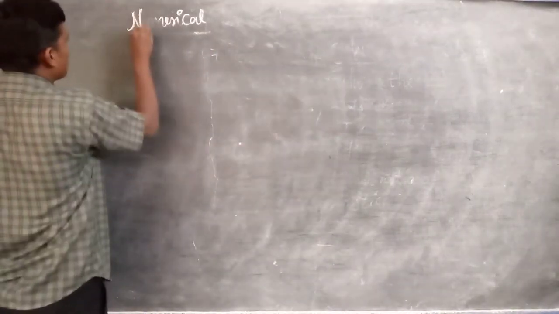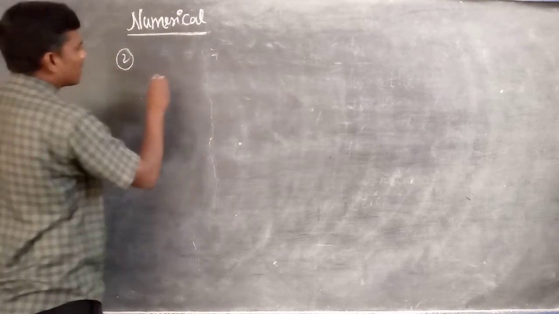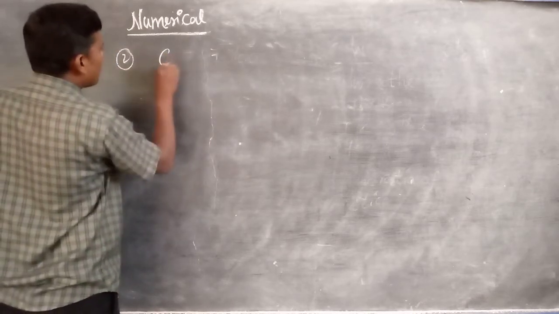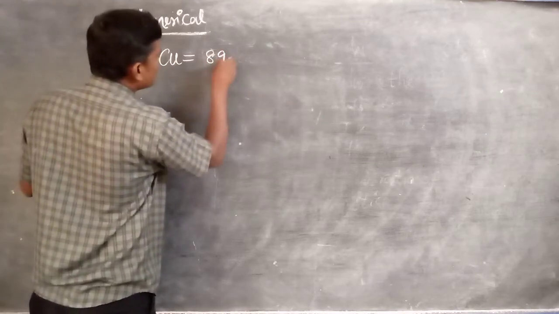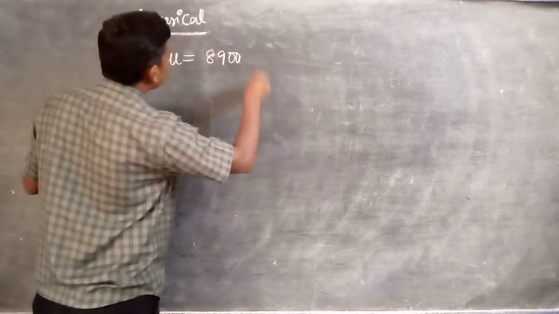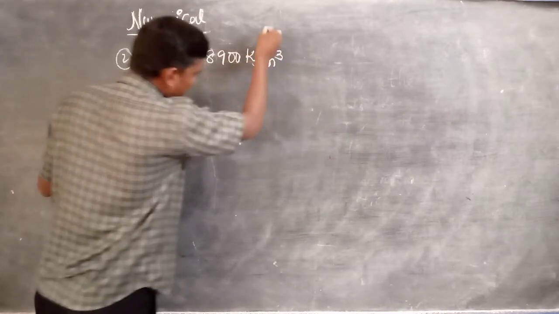Next, another numerical. The density of copper is 8,900 kilogram per meter cube. Listen very carefully.